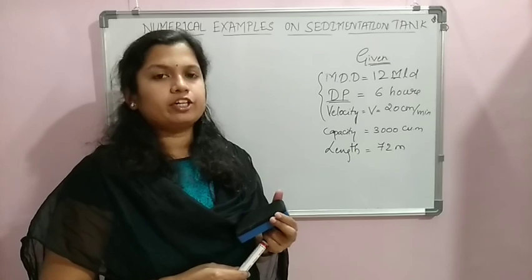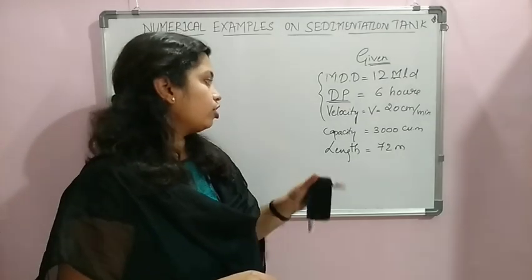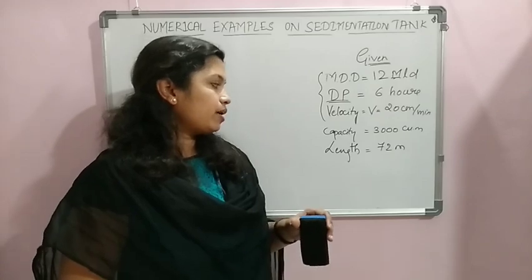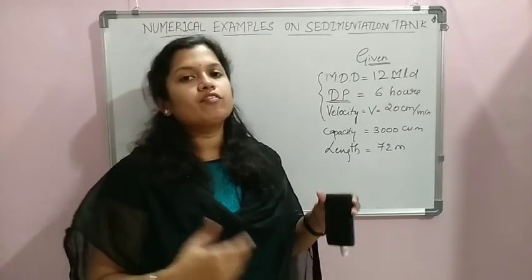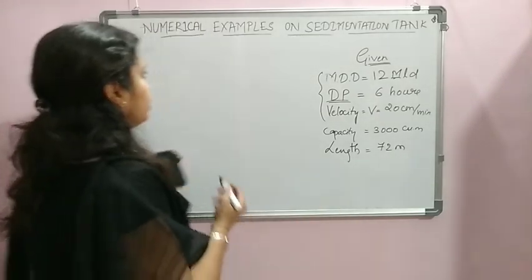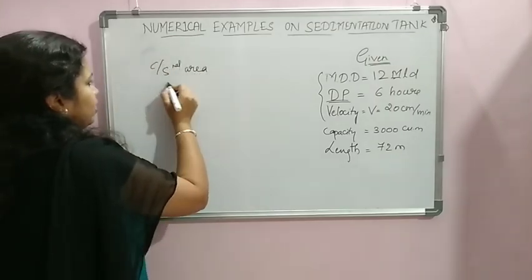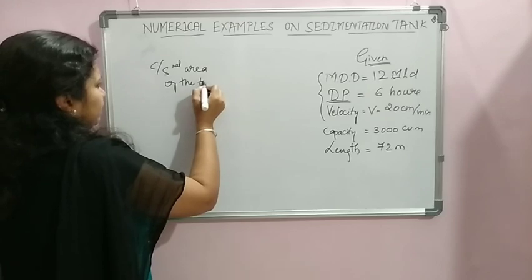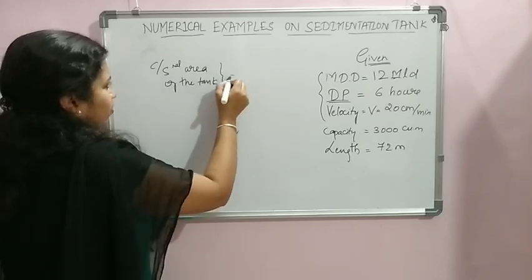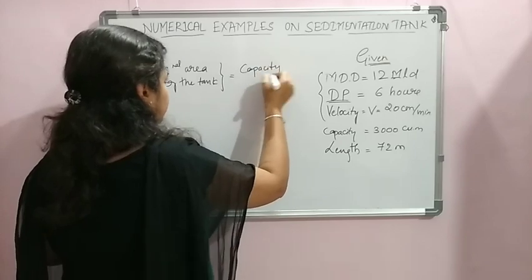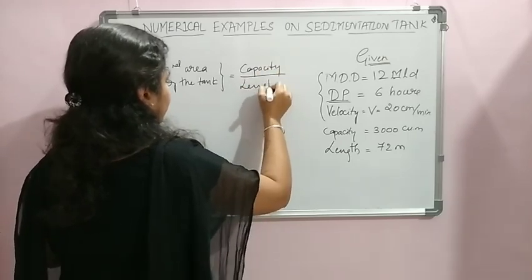Now let us find the cross-sectional area. Since we already have two of the data, the capacity and the length, we can find the capacity divided by length, and then we will get the cross-sectional area of the tank. Cross-sectional area of the tank is equal to capacity divided by length.